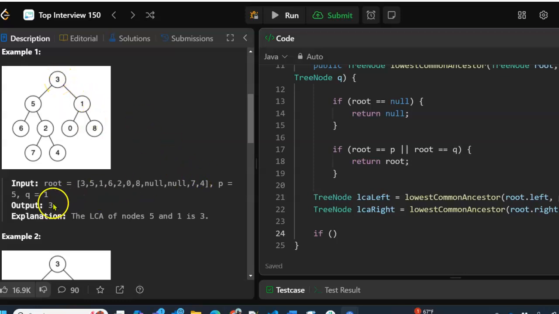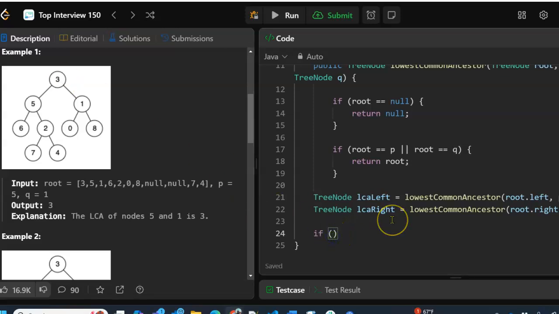We're looking for 5 and 1. So we look in this tree, we find the 5. So that returns the 5. We look in the right subtree, we return the 1. So if both subtrees return non-null, then the root node, the node that we're looking at, is the lowest common ancestor.